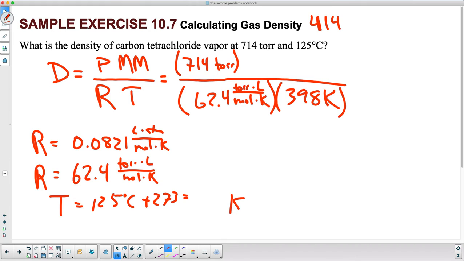The other part to this is the molar mass. Well, molar mass equals the number of grams per mole of carbon tetrachloride, CCl4.